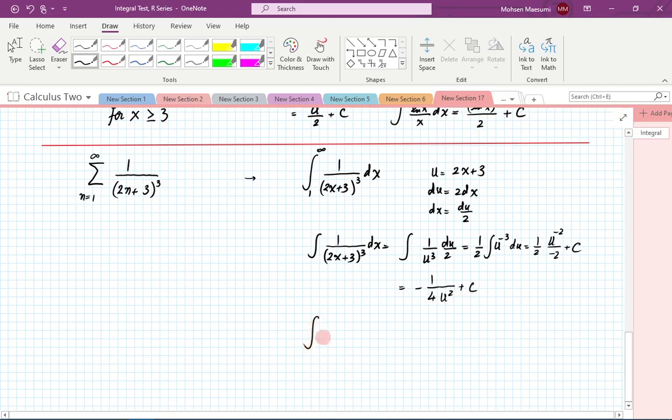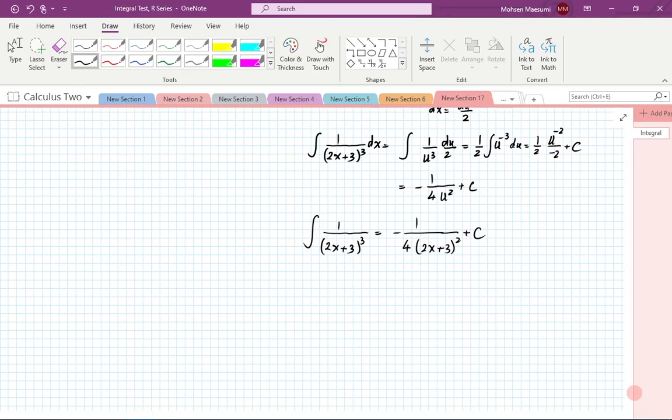So the integral of 1 over (2x plus 3) cubed is going to be minus 1/4 of (2x plus 3) squared. If I want to calculate the integral from 1 and stop at some location b, we calculate this between 1 and b.